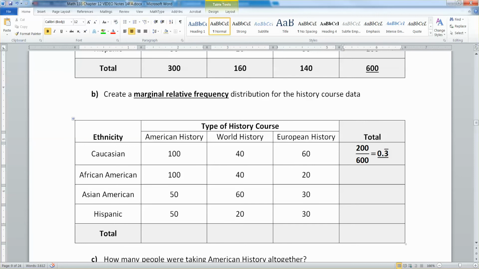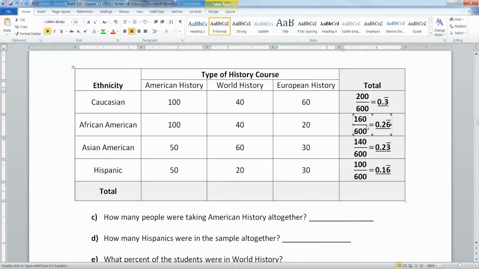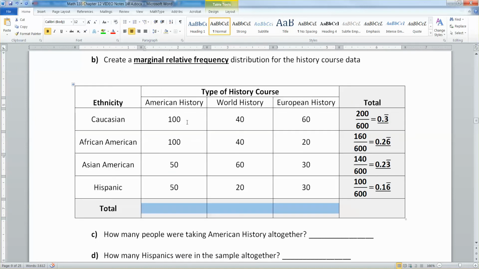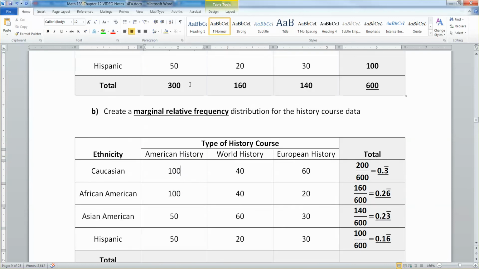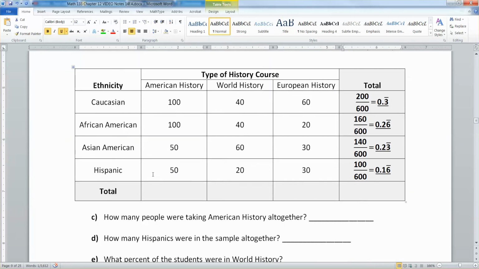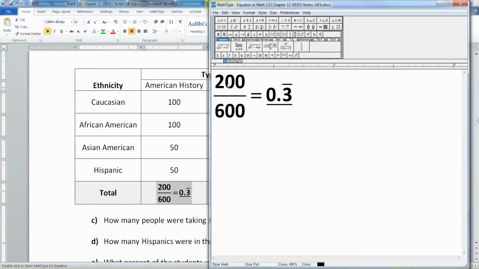So let me type those up one second. All right, so there are all those values filled in right there. Okay, so now we also want to do it down here for the columns. So we want to take each of these columns and think, okay, this makes 300. 300 divided by 600 would be a half. So that would be that particular one. So 300 over 600 makes 0.5.